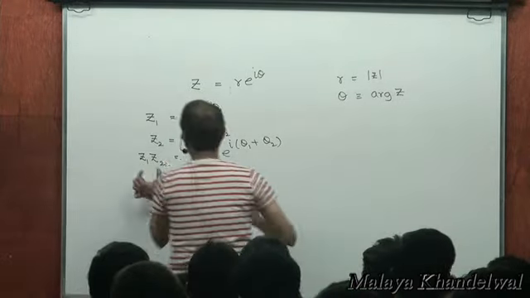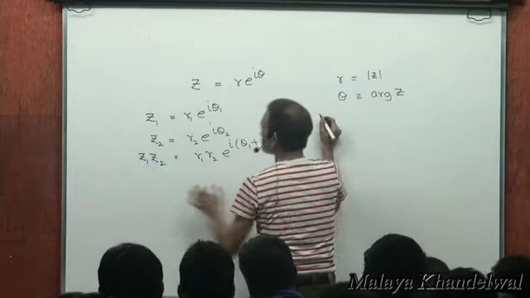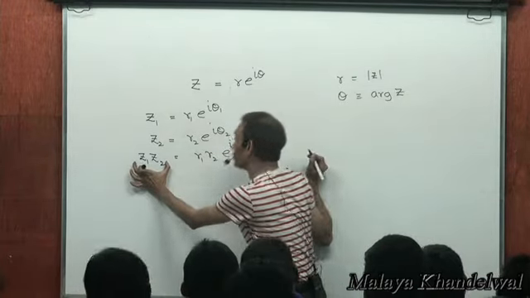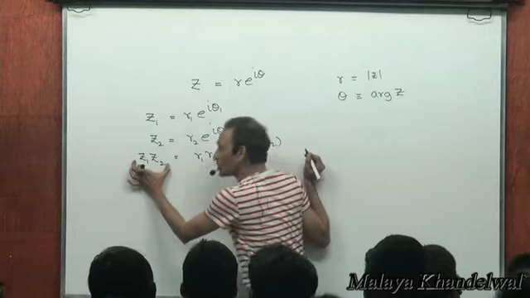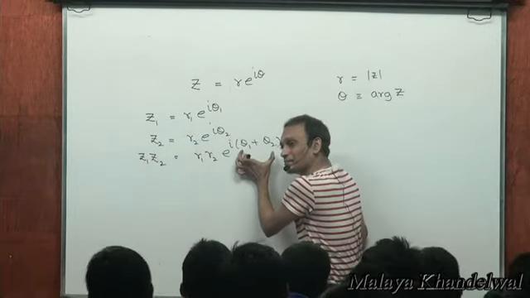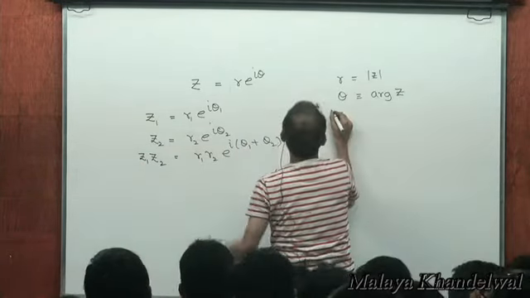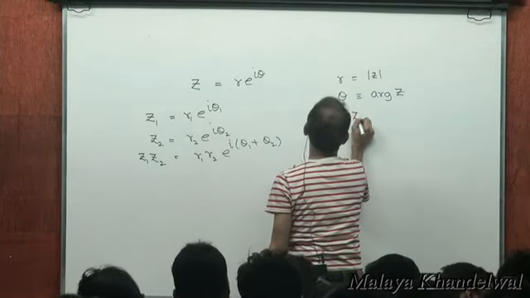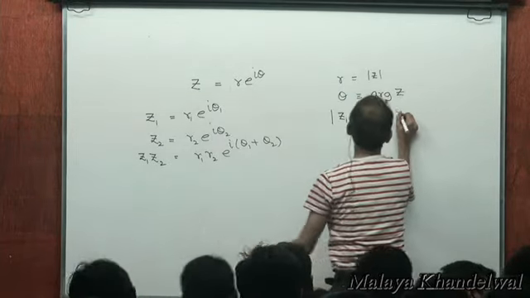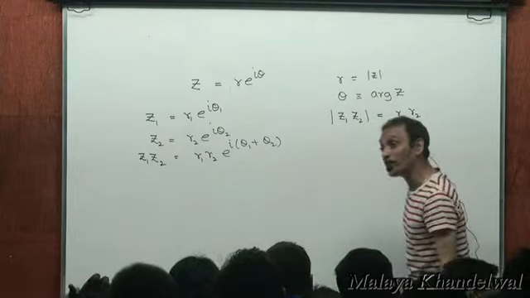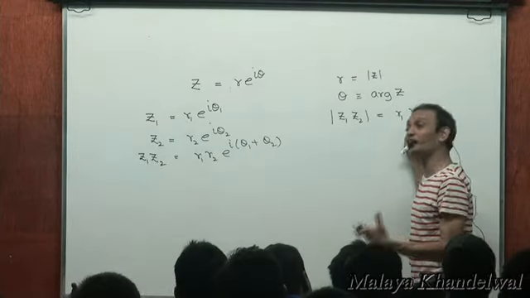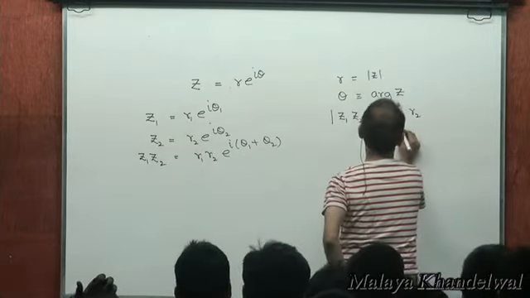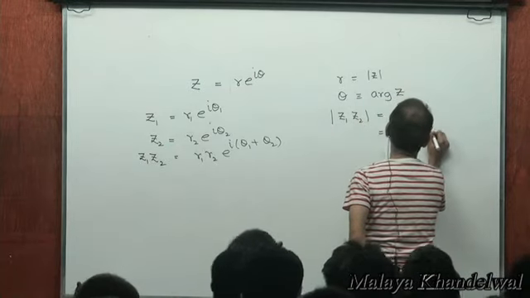Now, this is a complex number, and what is its modulus? r1 r2. This is a complex number, what is its argument? Theta 1 plus theta 2. So modulus of z1 z2 is r1 r2, yes or no? But what is r1? Mod z1. What is r2? Mod z2. This is one property.